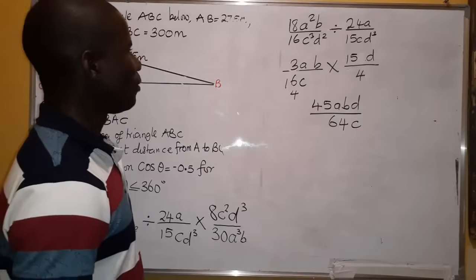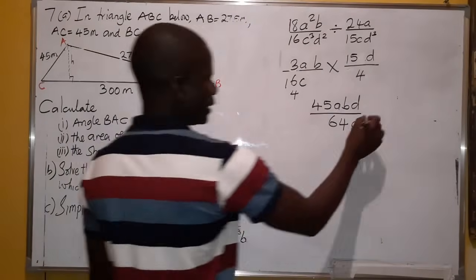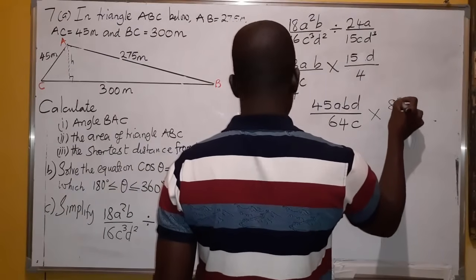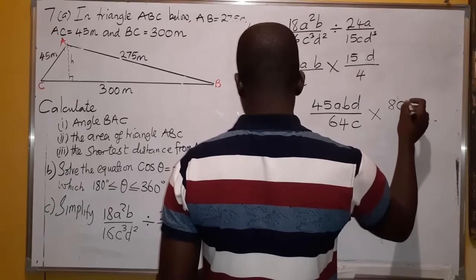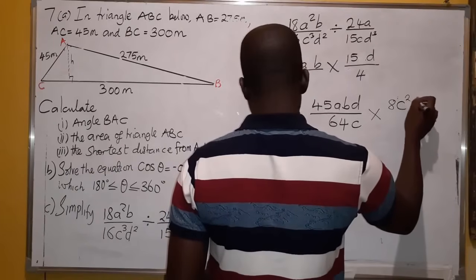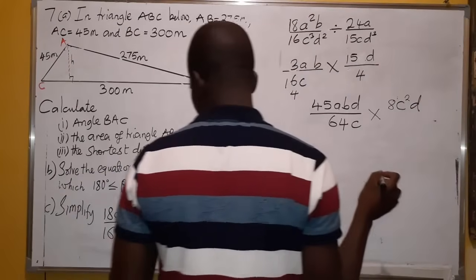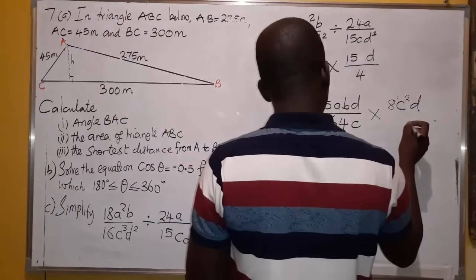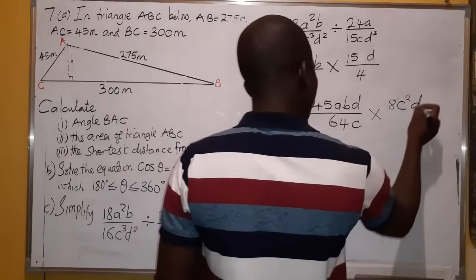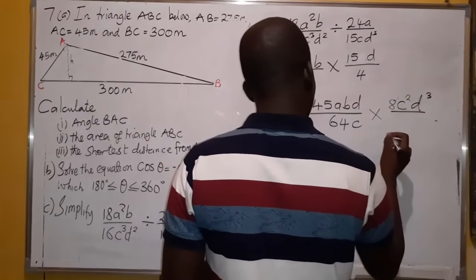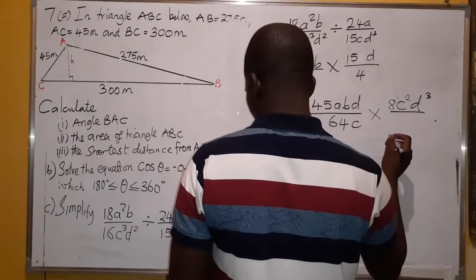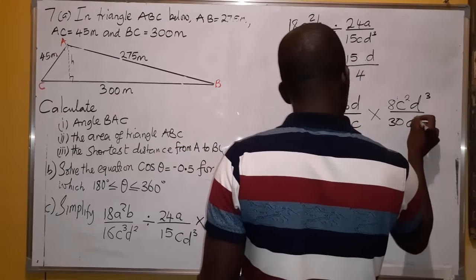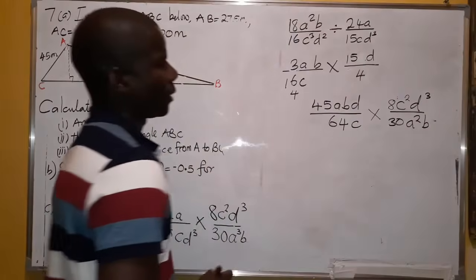Then, from this point, we bring the last part here, which is multiplied by 8 c squared d over 30 a cubed b. So this is where we are.